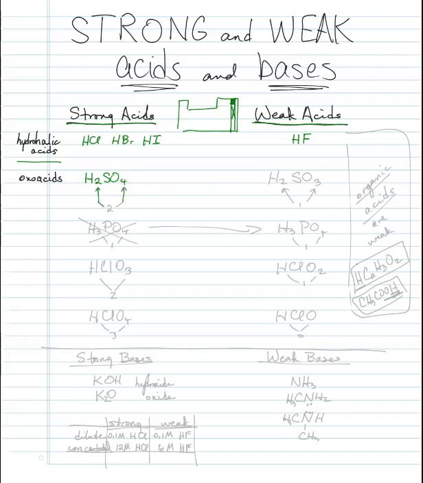The difference between these two numbers, if it's 2 or more, I should say, if the oxygens outnumber the hydrogens by 2 or more, then we are a strong acid. If, on the other hand, we have something like H2SO3, sulfurous acid instead of sulfuric acid, when we look at these numbers, 2 and 3, we come up with only 1 in between, and so therefore it's a weak acid, so it belongs over here in our weak acid column.